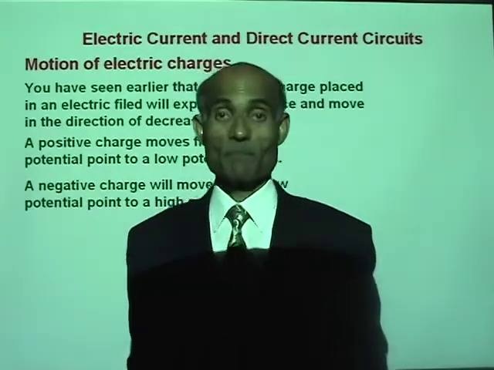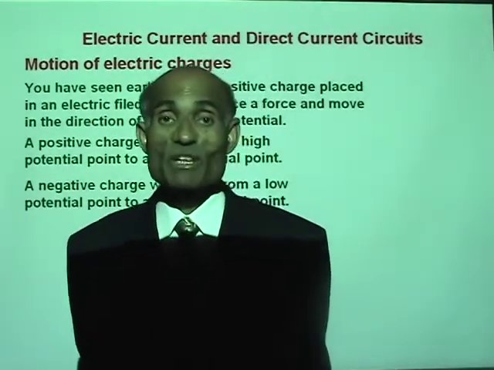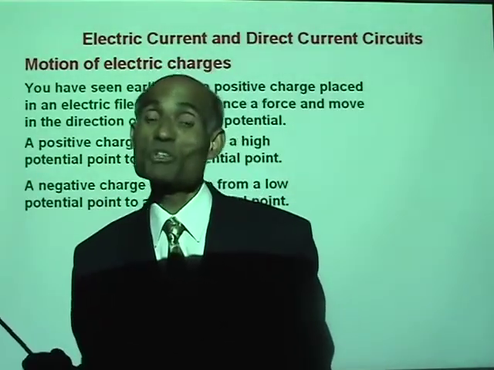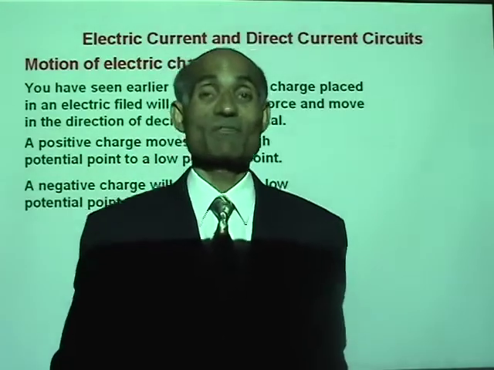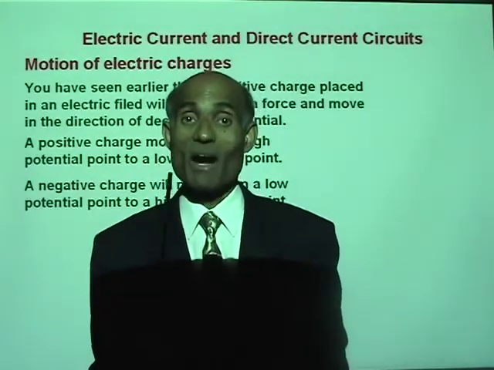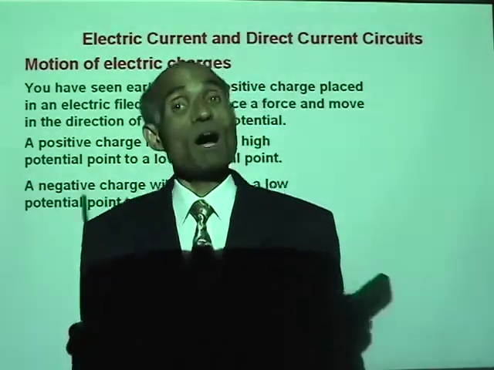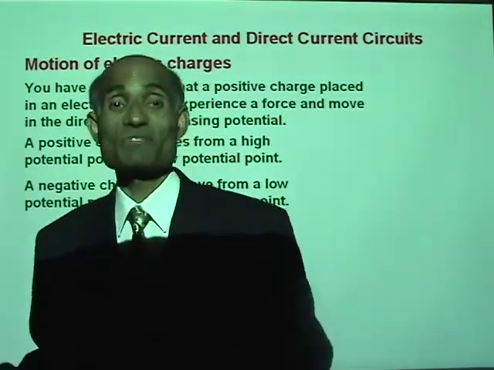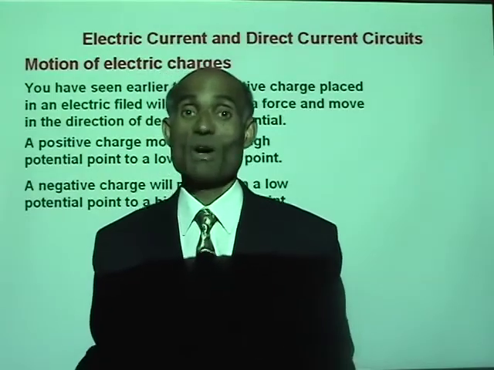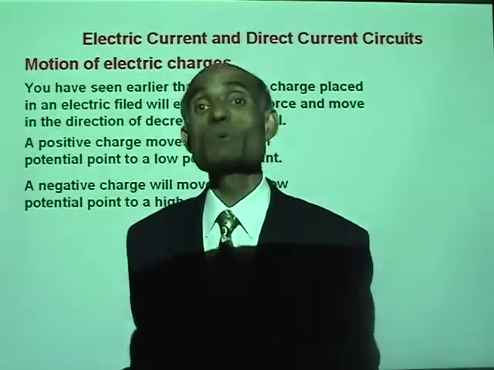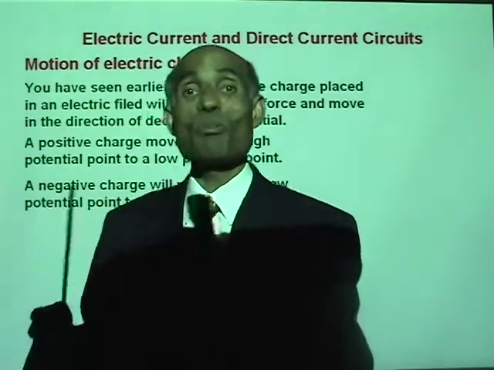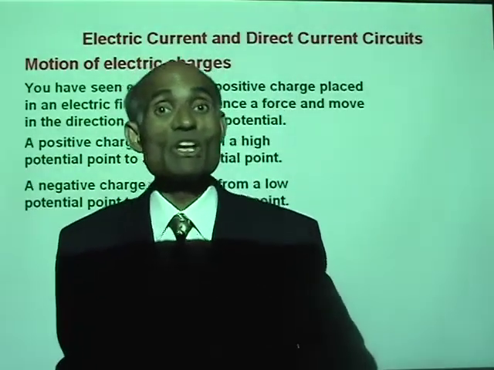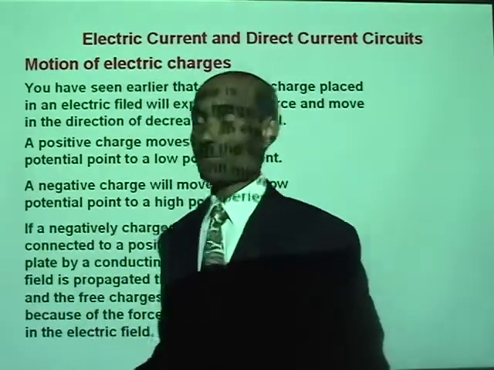Now remember, motion is not associated with positive charges. So motion occurs only for negative charges. Although our test charge is a positive charge, the actual motion happens with a negative charge. And so, hypothetically, we will be talking about the motion of positive charges, although actually what happens is negative charges are moving.